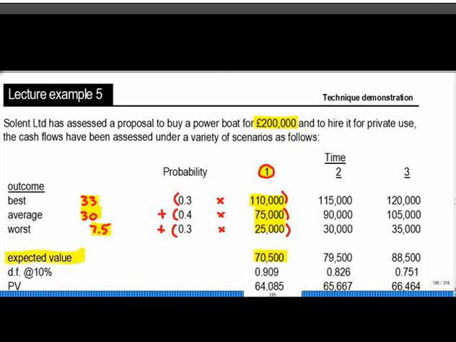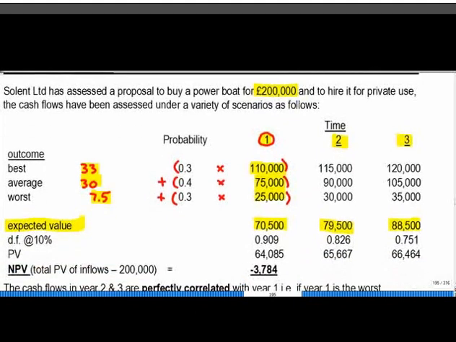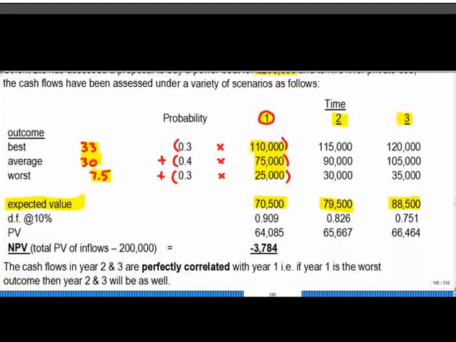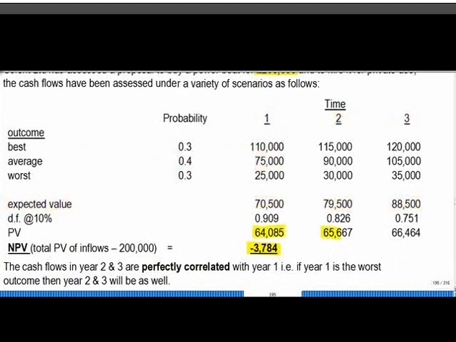Exactly the same calculation has been done for time 2 and time 3. And I've then taken these expected values and discounted them and worked out a present value that is negative. And I've worked out that negative NPV by adding up my present value of the inflows and then subtracting the 200,000 investment.